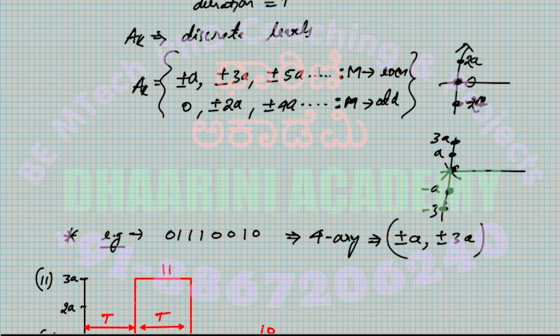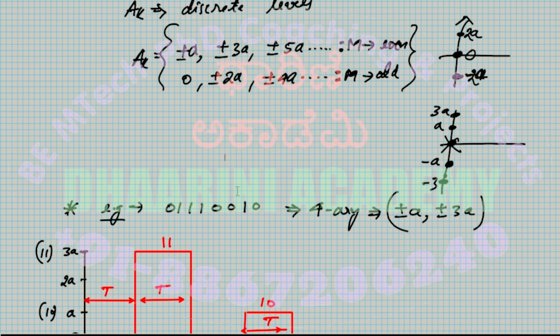When you club, you get 3 bits at a time. Like 0 1 1 will be the first symbol, then the second symbol will be 1 0 0. But when they ask for 8-array, a sufficiently large number of bits is also given. In this case, I am left with 1 0, and I don't know what is after that.